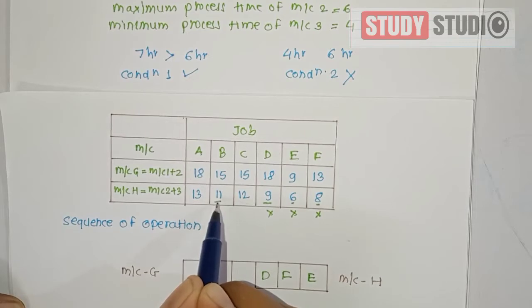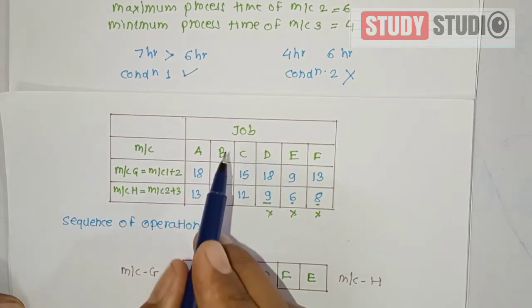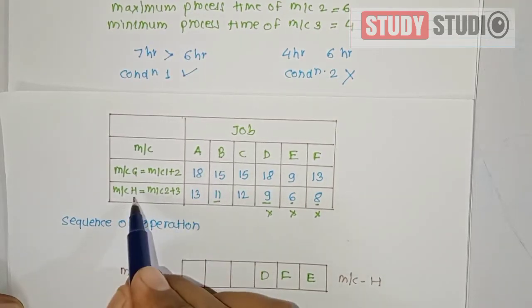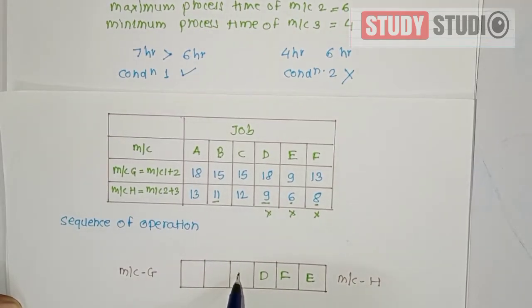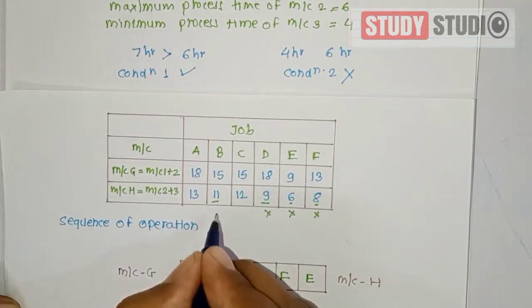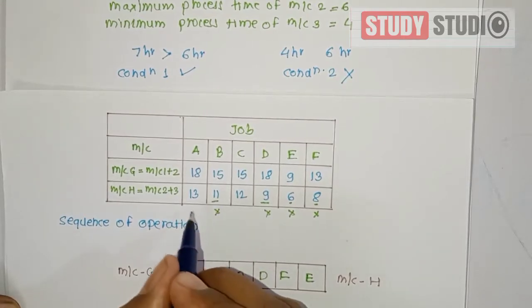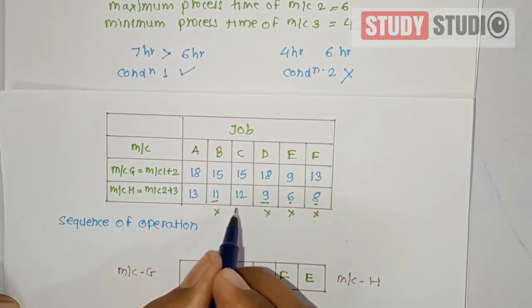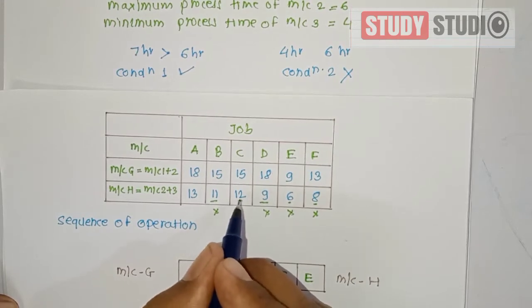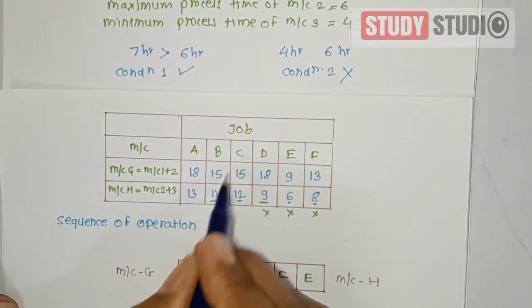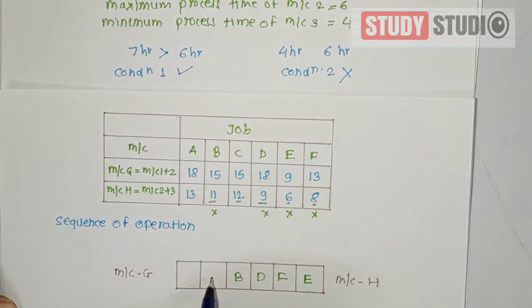So I'll select this 11, which is taken by job B on machine H. So I'll write B on the side of H and cut this column. Now from the remaining 2 columns, the minimum processing hours are 12, which are taken by job C on machine H. So write C.